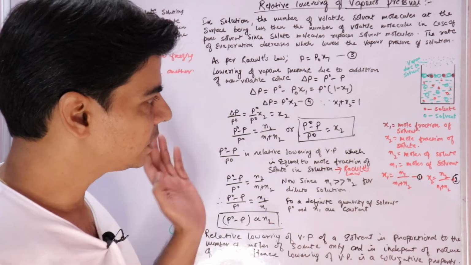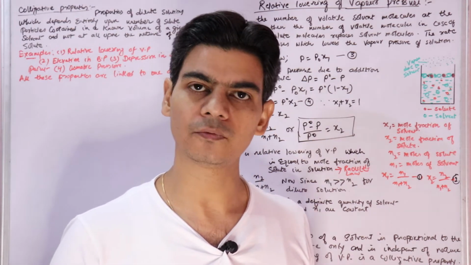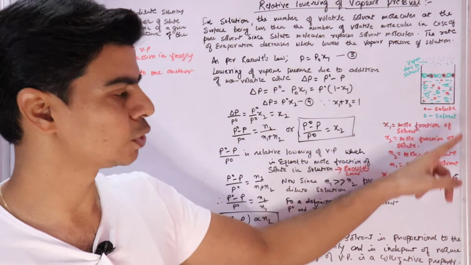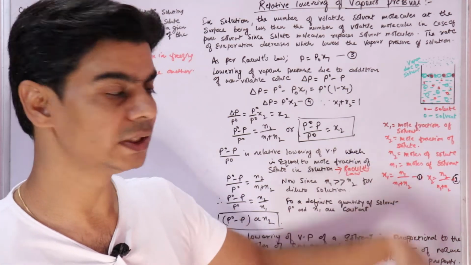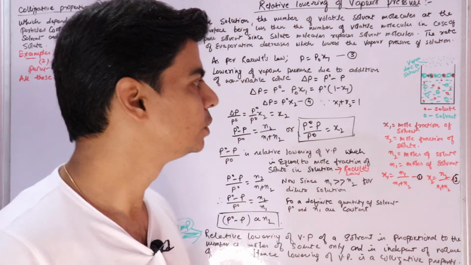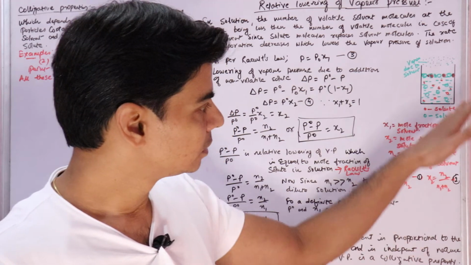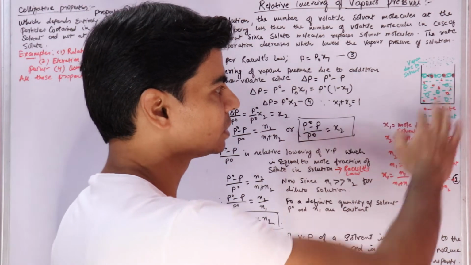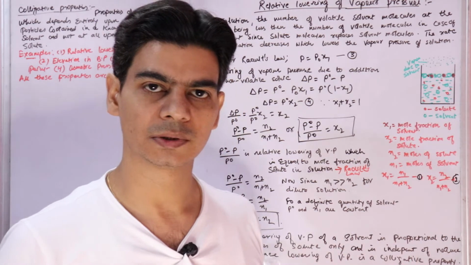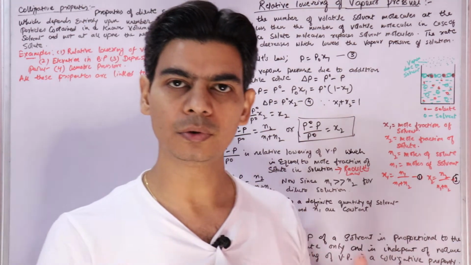In the previous lecture, we understood how the addition of solute resulted in the lowering of vapor pressure. The red dots show solute molecules, and the green dots show solvent molecules. When we added solute to the pure solvent, solvent molecules at the surface were replaced by solute molecules, so fewer solvent molecules escaped into the vapor phase.